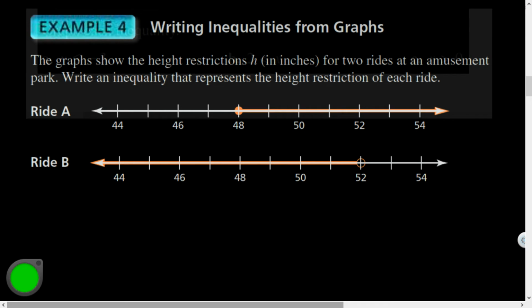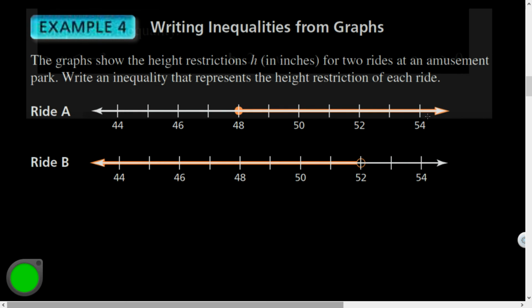The graph shows the height restrictions in inches h for 2 rides at an amusement park. Write an inequality that represents the height restriction of each ride. So ride A, you're only allowed to ride if it's apparently 48 inches. That's the same as 4 feet. What's an inequality that describes this?